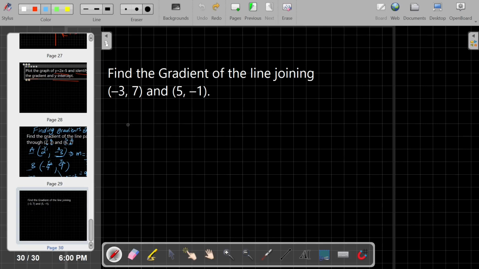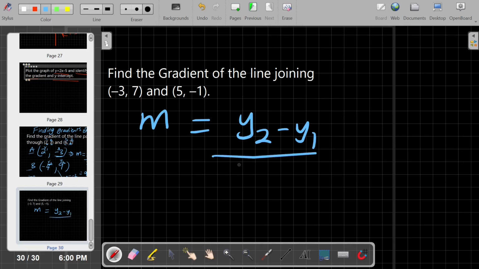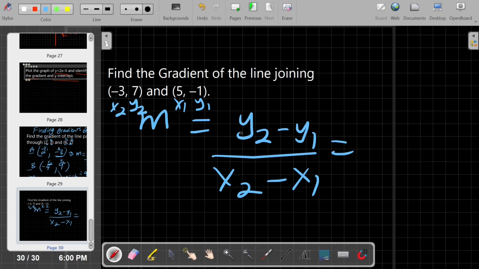Let's go ahead and have our gradient formula, which is m, that is equal to y2 minus y1 over x2 minus x1. And of course, you can go ahead and name your points, this to be x1 and this to be y1, and you can name this one, this to be x2 and this to be y2. And it turns out that I'll have a 7 minus -1 over a -3 minus a 5.